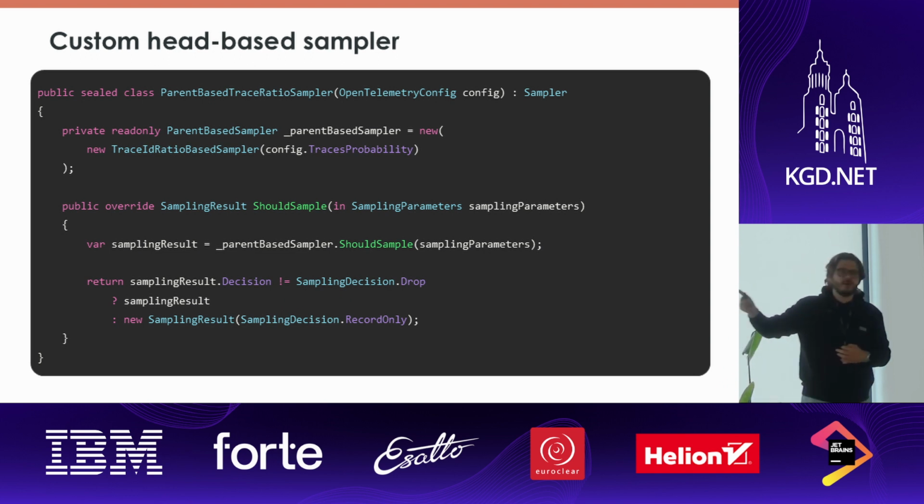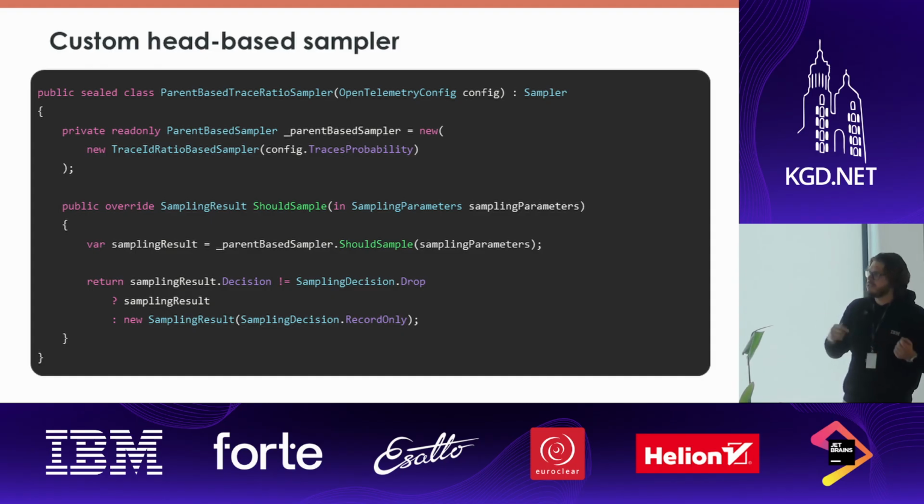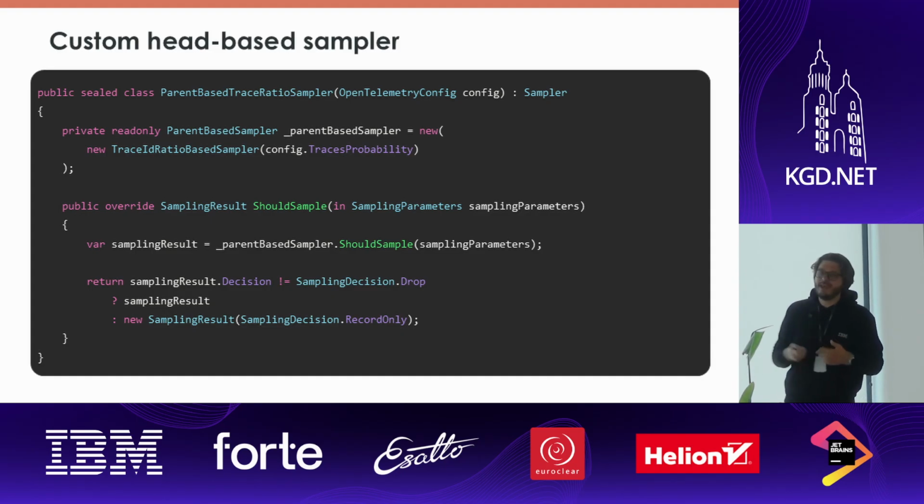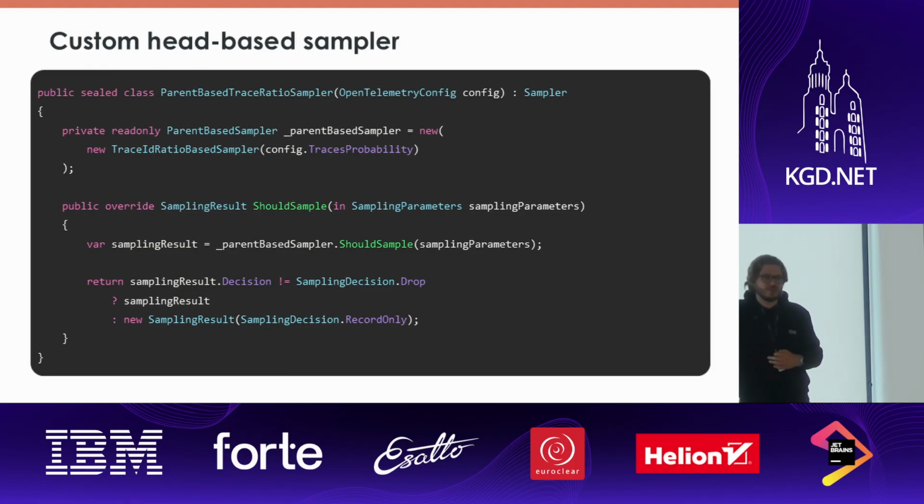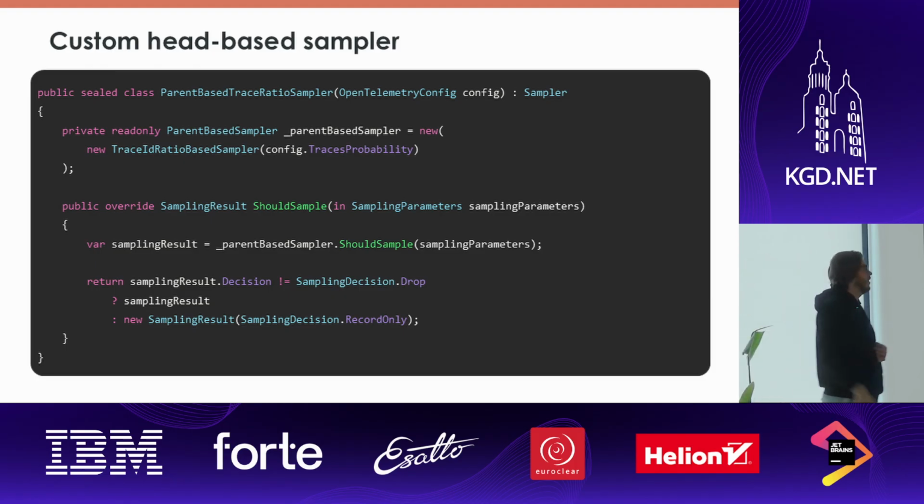But the parent-based sampler will look at your parent span, check if it was dropped or not, and then decide if we need to preserve it or drop it.